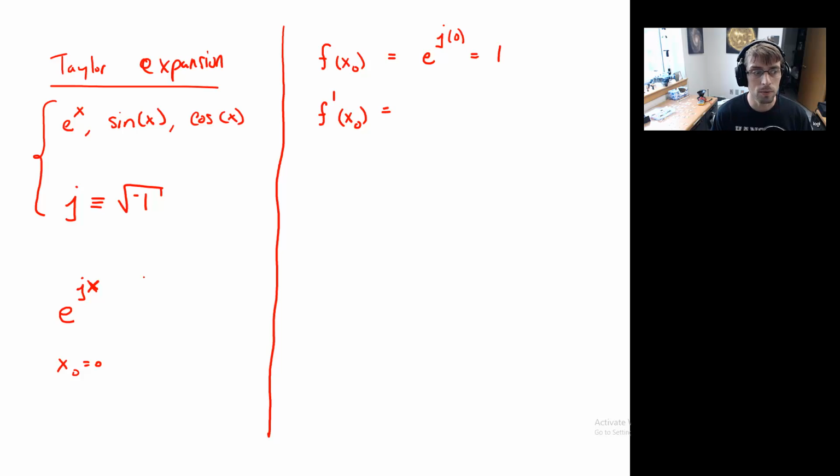Now, of course, the derivative of e to the jx, if I take a spatial derivative of this, j is a constant. It's a number, doesn't vary. And so what I end up with is j times e to the jx. So when I evaluate it, I have j e to the j times 0, and so I get just j.